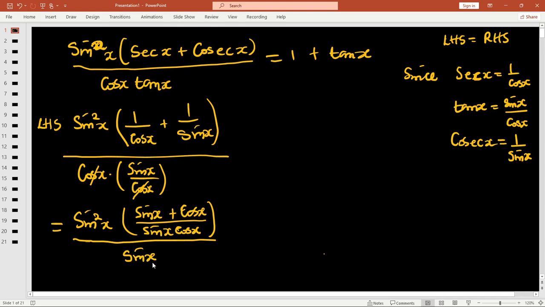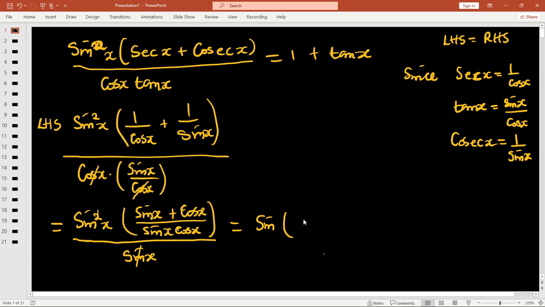Now remember one thing here, this sin squared x here simply means that we have two sin functions that are being multiplied by each other there, so meaning that one of them there would cancel with the one that we have below here. So this just leaves us with sin x open brackets. So below here we're just going to have 1, so we can just forget about it there.